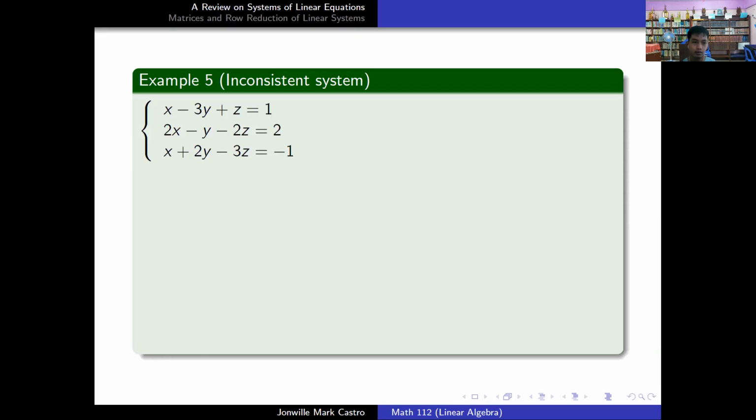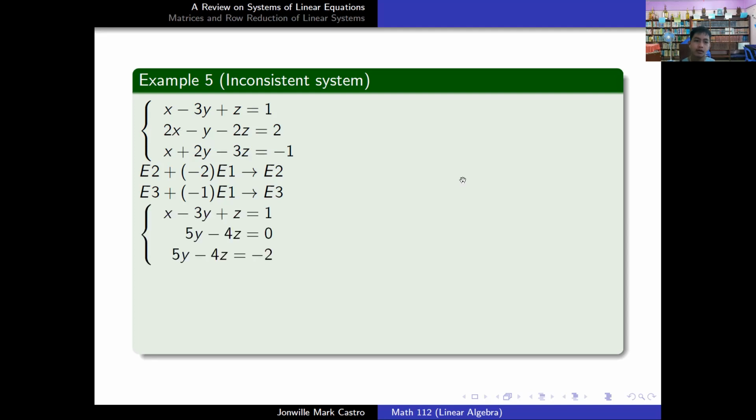So, tingin tayo ngayon ng isang inconsistent system. So, we have this system, then pag gumamit tayo ng elementary operations, let's say gusto nating i-eliminate si x doon sa E2 and E3. Then we have this. So makikita niyo yung dalawang equations, si E2 at si E3. Meron tayong 5y minus 4z equals 0 and 5y minus 4z equals negative 2.